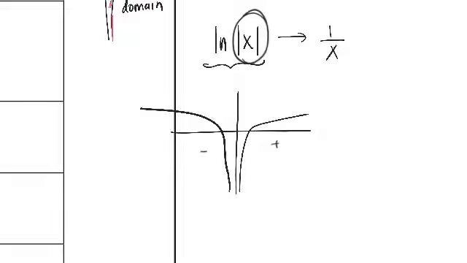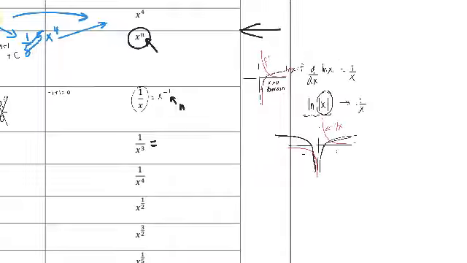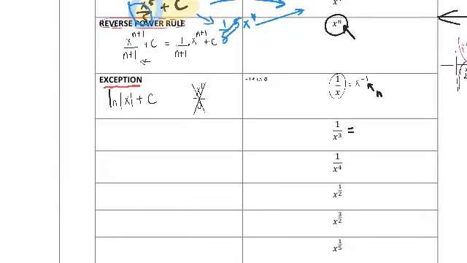So you get a graph. I've been a little sloppy here, but this graph really should be symmetric. It's just the exact same on the two sides here, right? And the derivative on this side would look like this, and on the other side it would look like that. So it's the 1 over x function, right? So that's why the way to write the antiderivative of 1 over x is going to be ln of the absolute value of x. Okay.